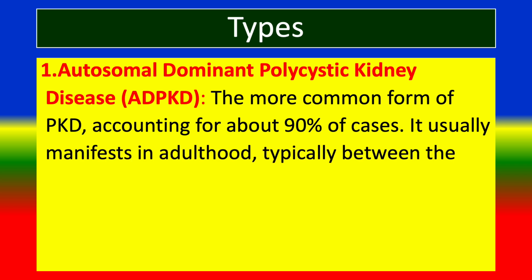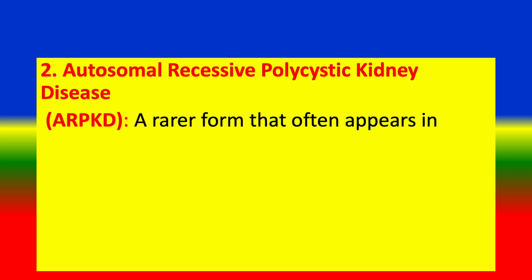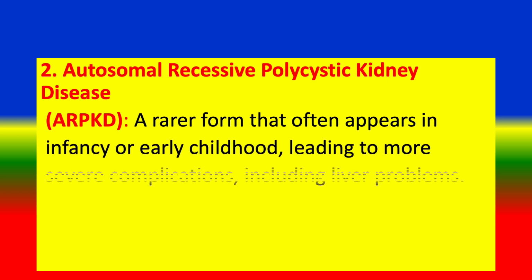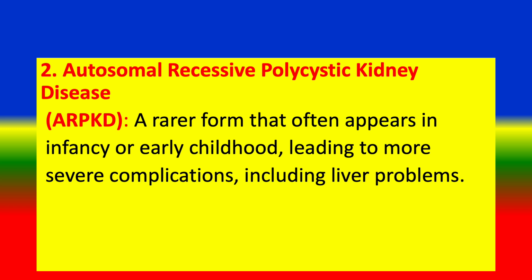It usually manifests in adulthood, typically between the ages of 30 and 40. 2. Autosomal recessive polycystic kidney disease, a rare form that often appears in infancy or early childhood, leading to more severe complications including liver problems.